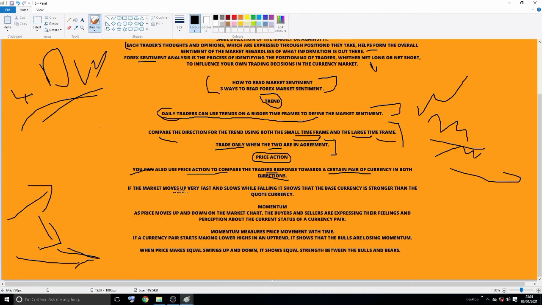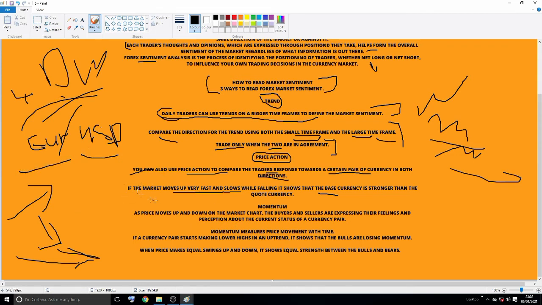If the market moves up very fast and slow while falling, it shows that the base currency is stronger than the quote currency. You remember when we started, I said there's a base currency and there's a quote currency. For example, if we are trading euro USD, the euro will be base and USD will be quote.